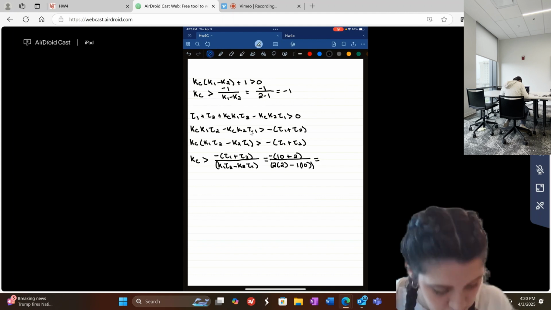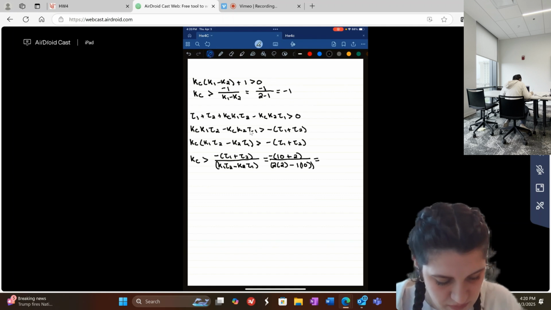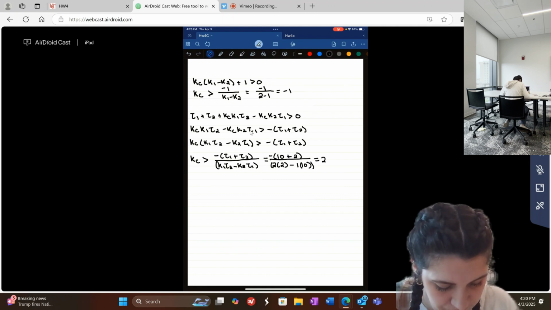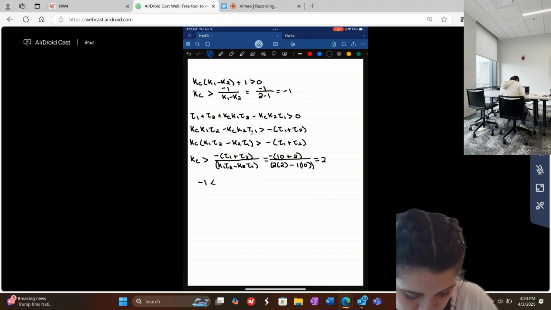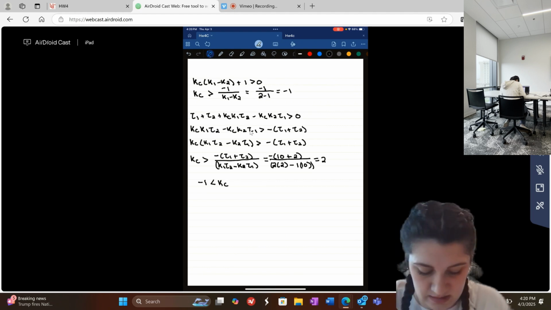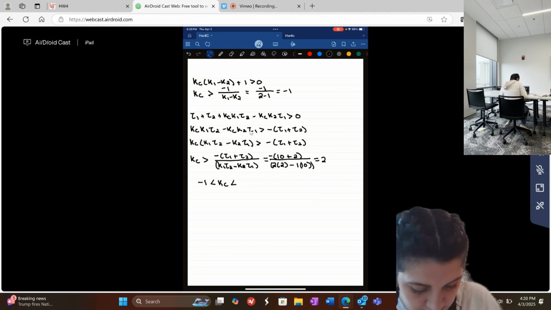And what that gives you is a positive 2. Which lands us with negative 1. So KC has to be greater than negative 1 and less than 2.